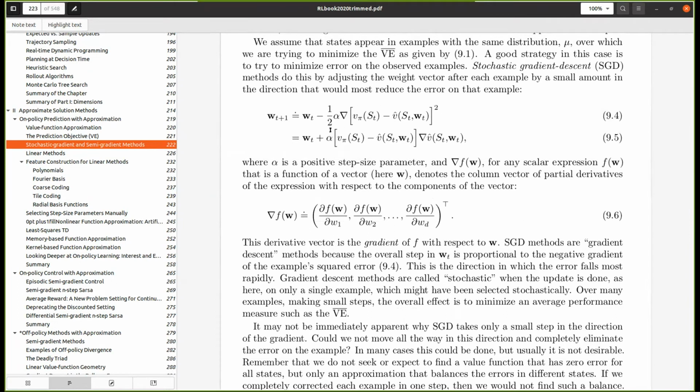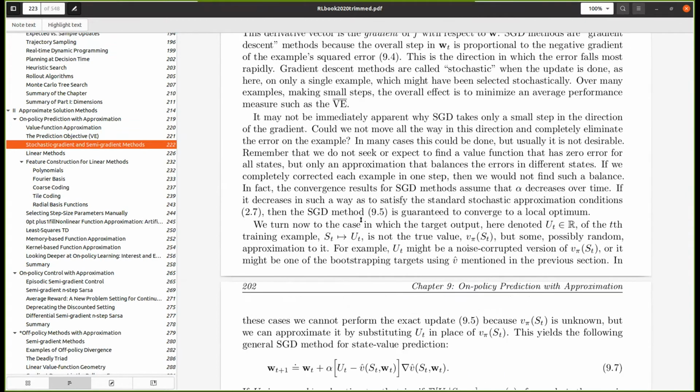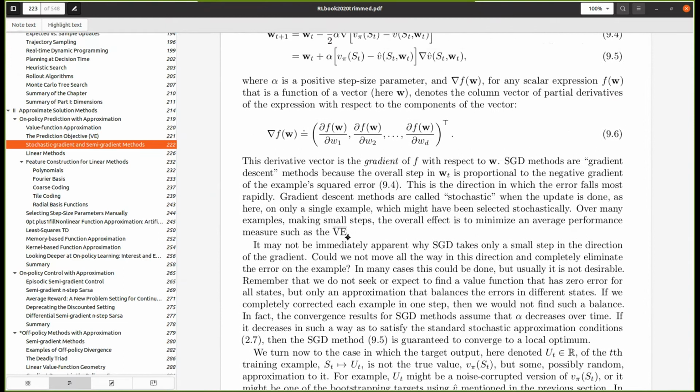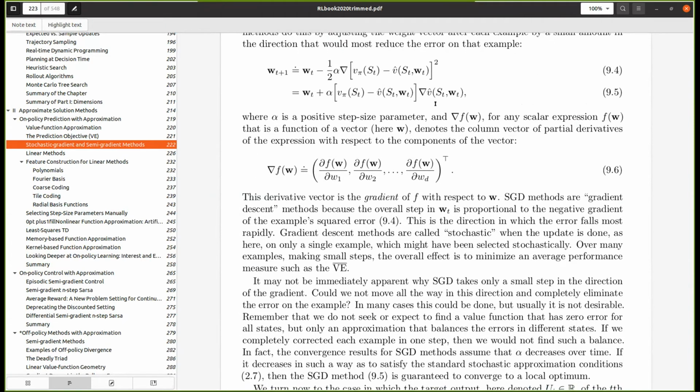Okay, so the true value function is generally not known to us, obviously. And that's why we are trying to approximate it in the first place, right? So this makes this equation kind of useless, because we don't have the value v sub pi of s_t.